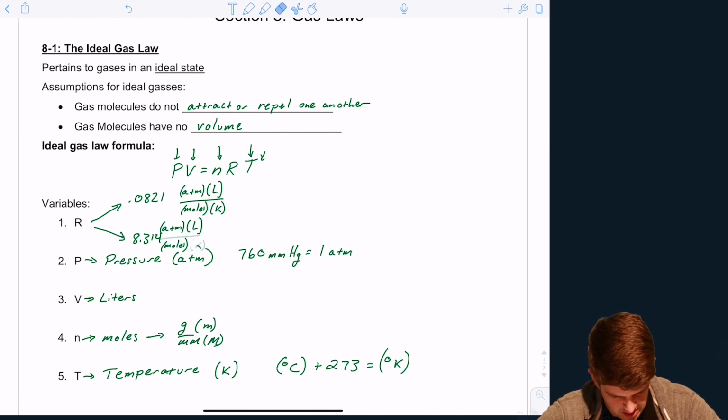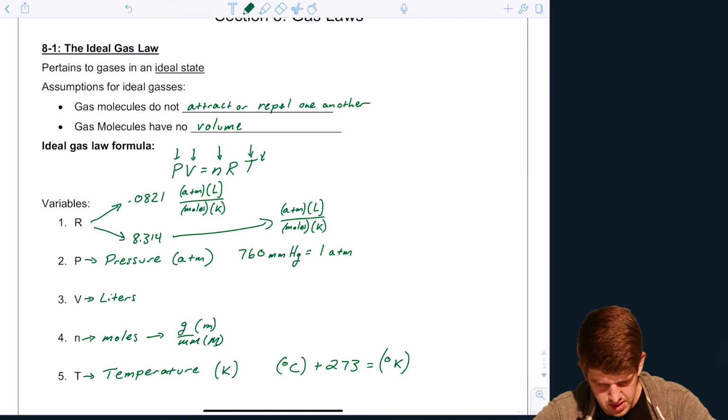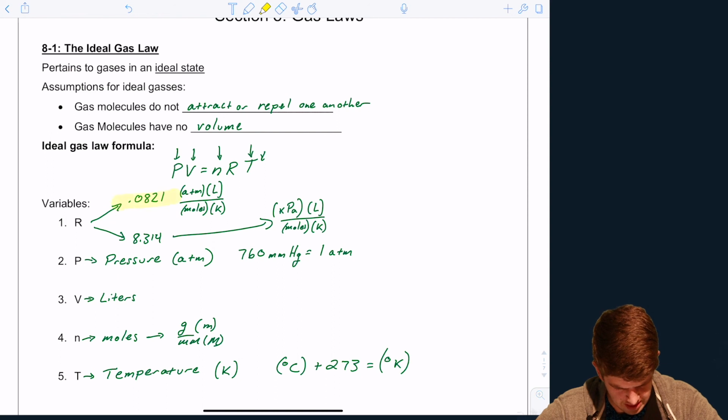The only thing that's different here is instead of atmospheres, we will just have kilopascals. And that's why you probably won't have to use this very often, just because you won't really deal with kilopascals very often at all for your exam. Just focus on 0.0821 and then make sure pressure is in atmospheres, volume is in liters, and temperature is in Kelvin.